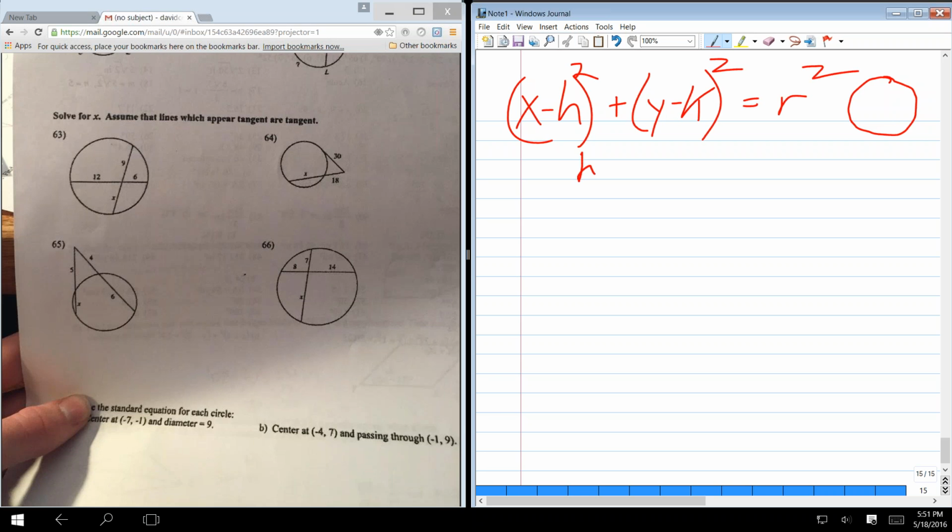Where H is the x-coordinate of the center, K is the y-coordinate of the center, and R is the radius of the circle.